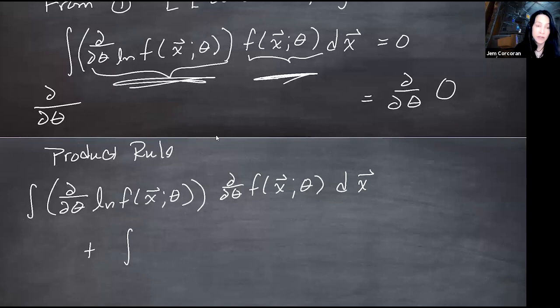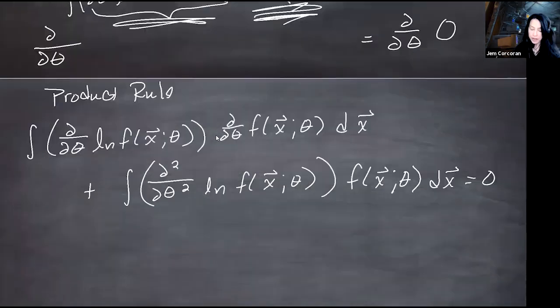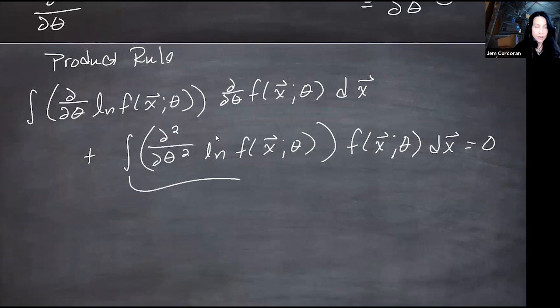So when I take the derivative of this derivative, that's where we get a second derivative. And then the second guy is just sitting there. And this whole thing is supposed to equal 0. So you can see down here, the second integral is the integral of a certain function of x against the joint PDF.